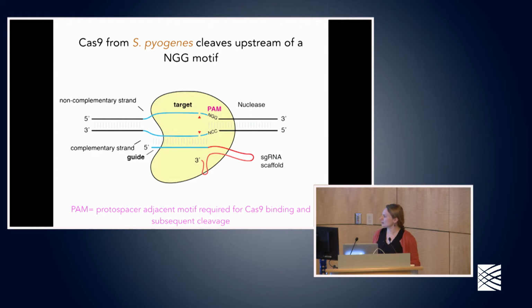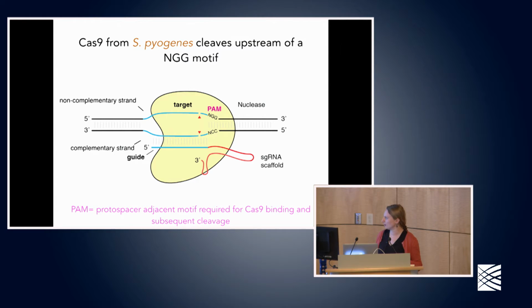So here's a schematic of using SpCas9 for genome editing, and there are a few things I'd like to point out. First, you have SpCas9, which is the main enzyme involved in cleaving the double-stranded DNA. And it's targeted using its guide RNA, which has this complementary sequence which Watson-Crick base pairs with its target.